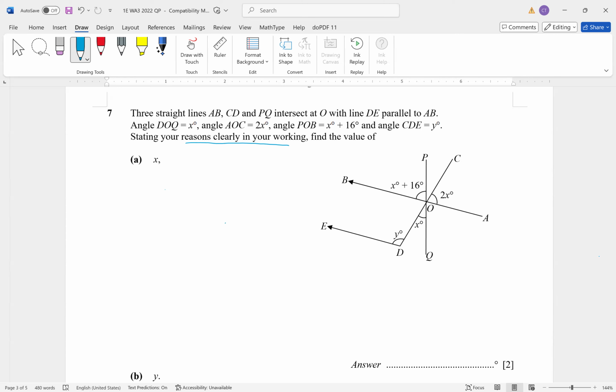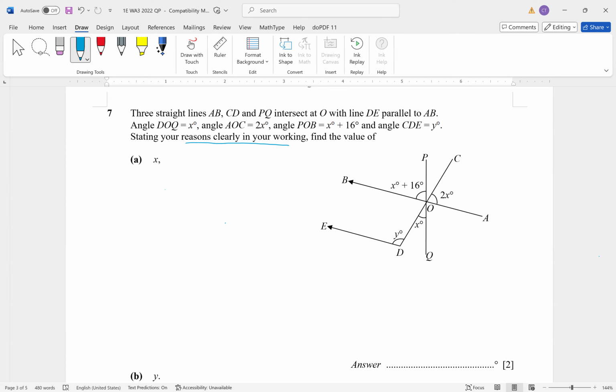Along the straight line AB, we already have two adjacent angles, right? So if we know angle POC, then we will be able to formulate an equation using adjacent angles on a straight line, because adjacent angles on a straight line add up to 180 degrees.